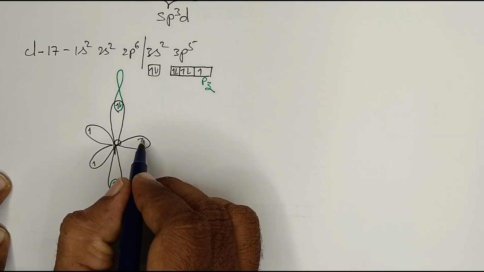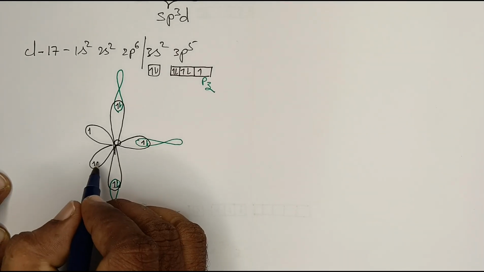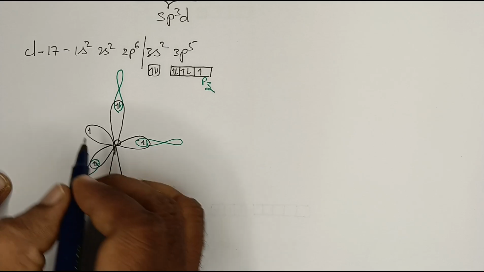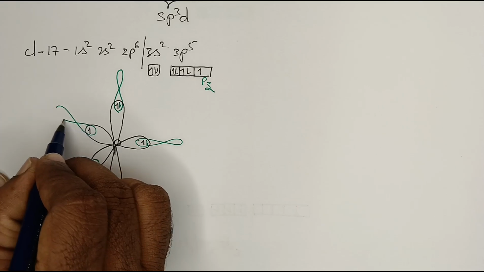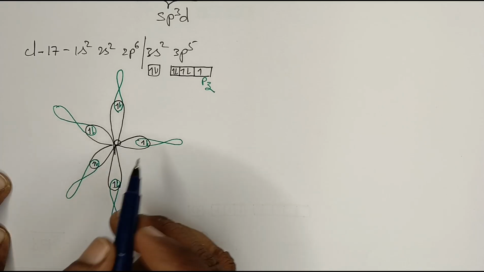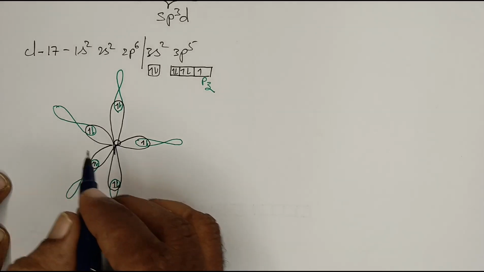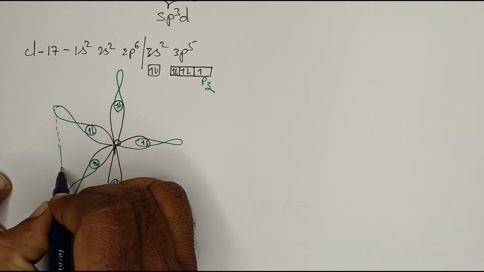Here also a pz orbital, another pz orbital, here also another pz orbital. All these pz orbitals are pure orbitals. So the shape of the molecule is like this.